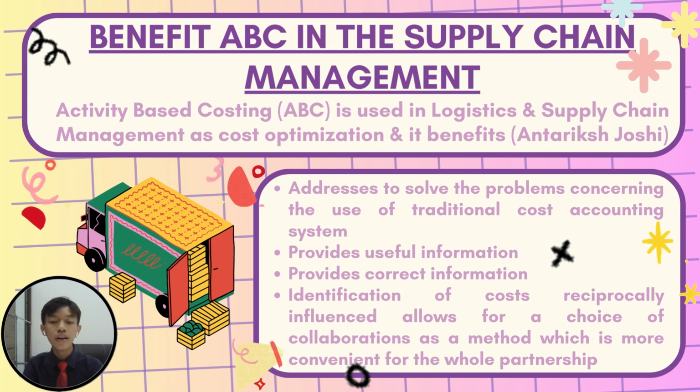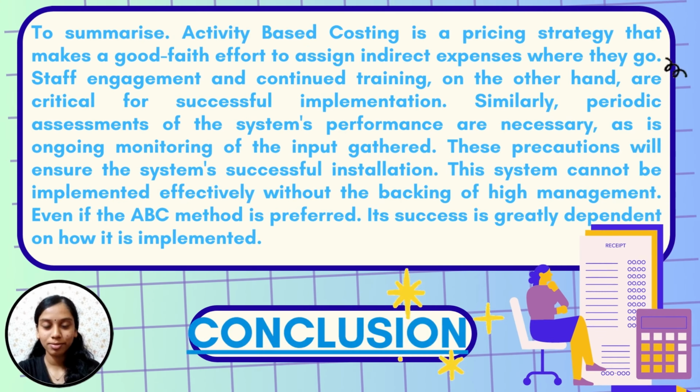In conclusion, the use of ABC in logistics and supply chain management is paramount for companies to remain competitive in today's ever-changing economic environment. By using the ABC approach, businesses can gain a better understanding of their cost and profitability and strategize more effectively to optimize costs, leading to increased efficiency.